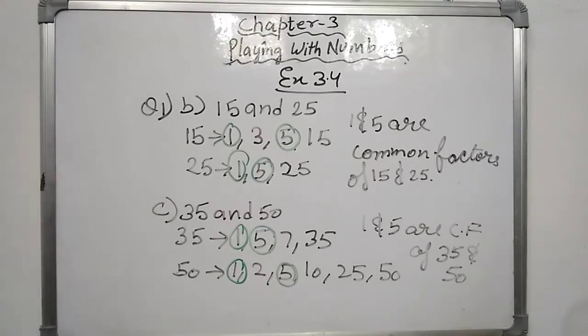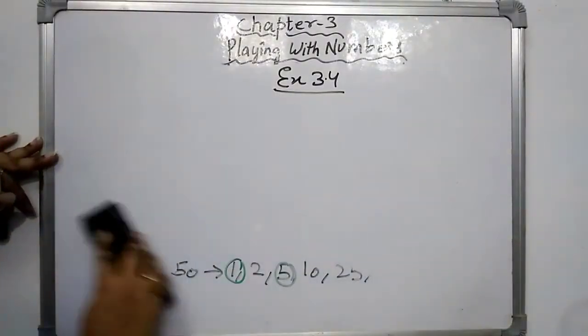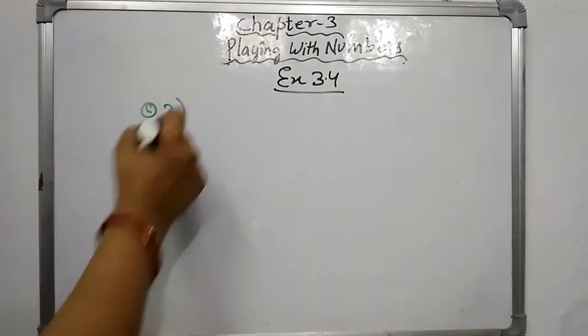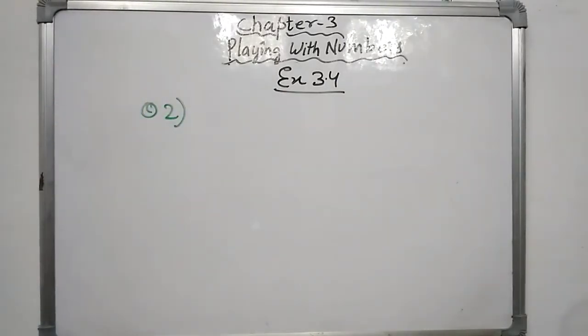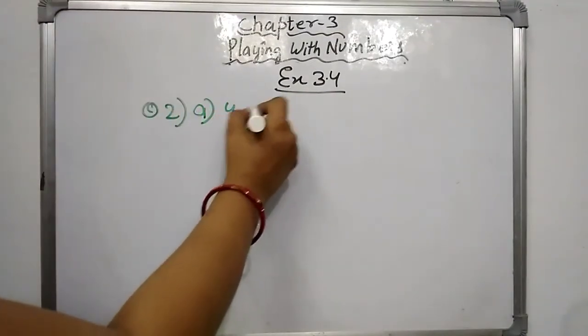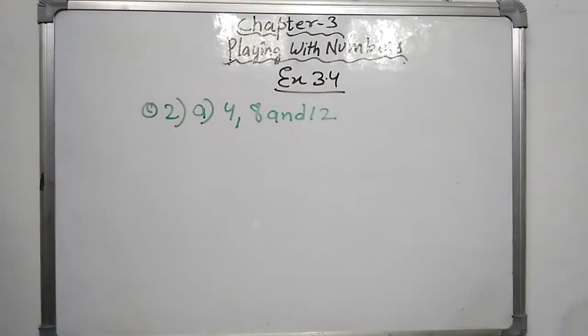Let's take question number 2. Find the common factors of, now we are given 3 numbers, 4, 8 and 12. We need to find common factors of these.